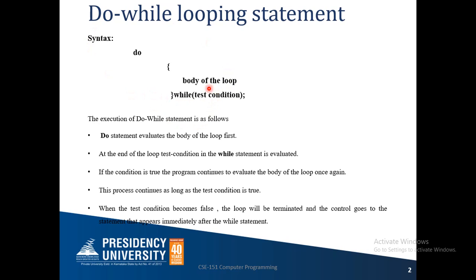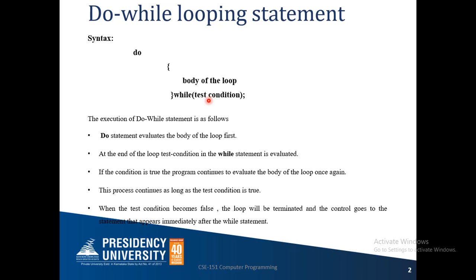The only new thing here is that we are going to introduce the keyword do, and how it is different from the while loop. In this, we are going to execute the body of the loop for the first time without checking the condition. After that, we will check the condition.